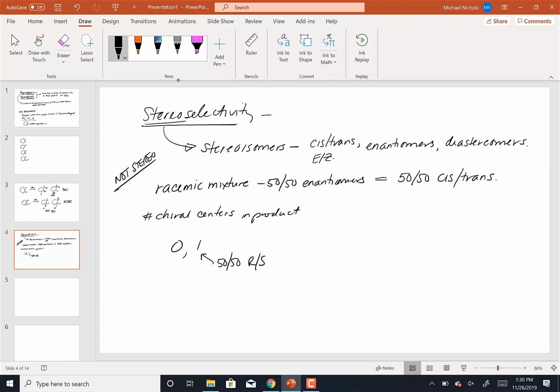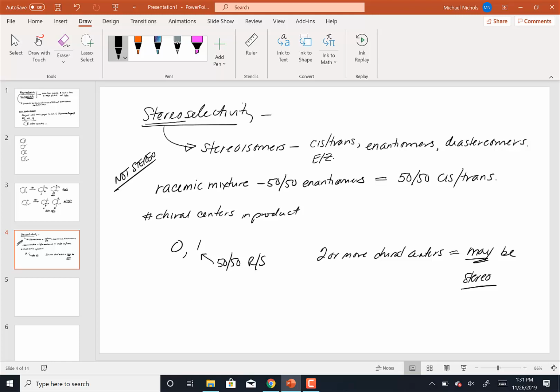So that means in order for the reaction to stand a chance of being stereoselective, I need at least 2 chiral centers. So if you have 2 or more chiral centers, it may be stereoselective. Now, what's the maybe?